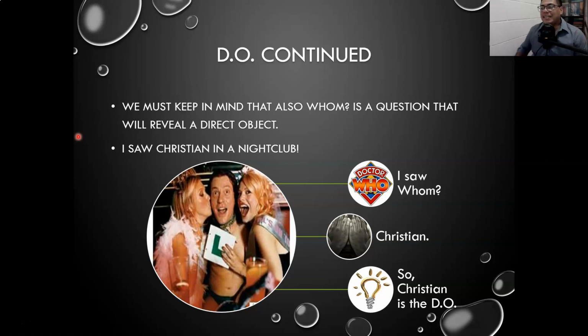Let's see this example. I saw Christian in a nightclub. Check this out. If I say, I saw Christian in a what? A nightclub. Direct object nightclub. Well, I'm making a mistake because I am not asking the question after the verb. Is the nightclub the direct object?